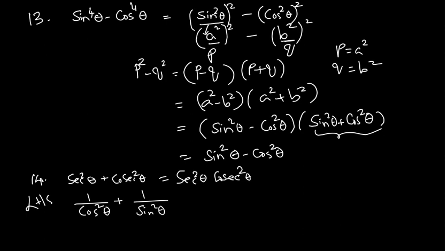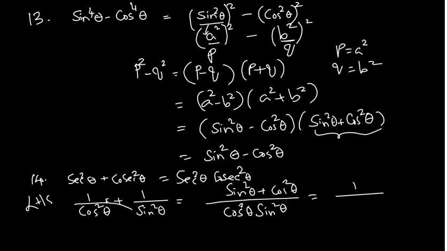So still on the left side, you just take the LCM, which is cos square theta sin square theta. You just multiply the denominators. So this times this, you have sin square theta plus cos square theta, which is equal to 1 divided by cos square theta multiplied by sin square theta.